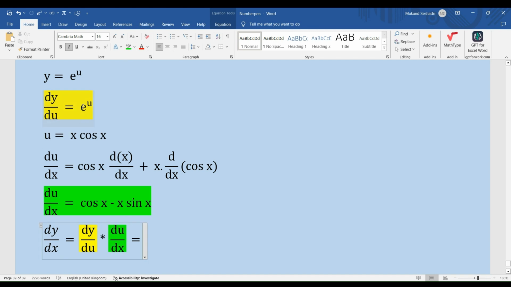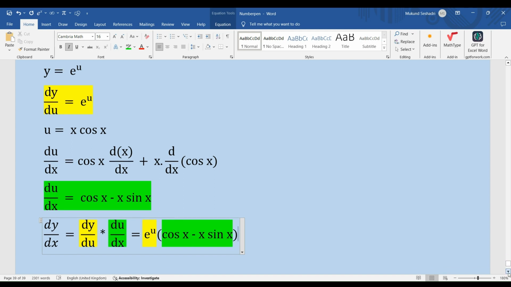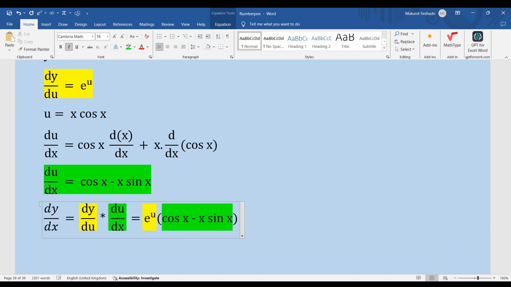So my dy by du is nothing but e to the power u, and then my du by dx is nothing but cos x minus x sine x, right? So that is what we have. But then I have my answer in terms of u and x, right?